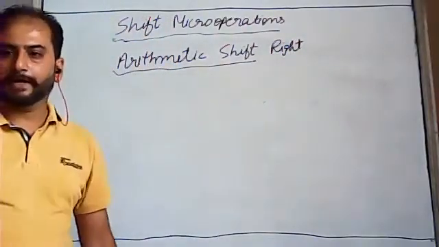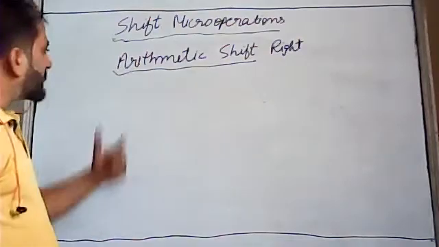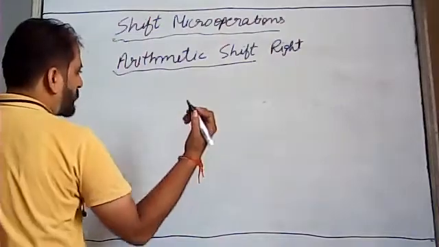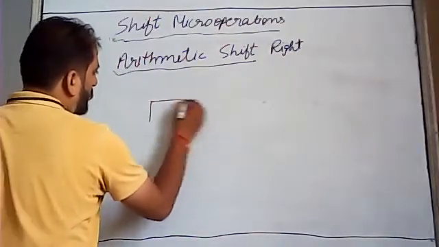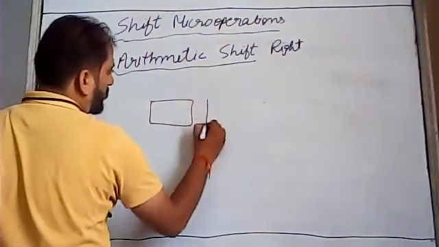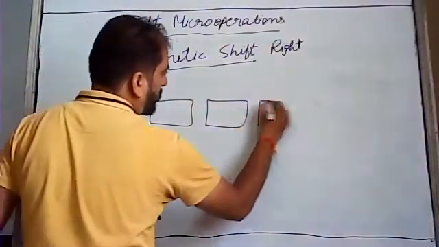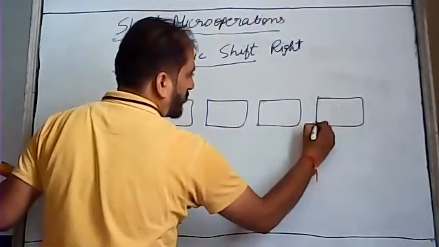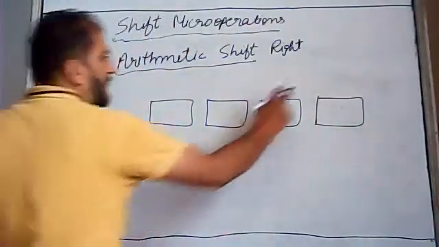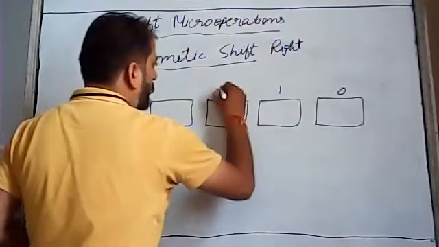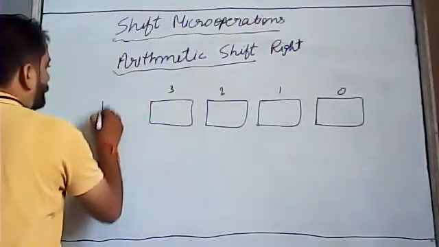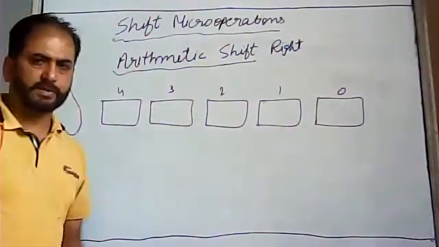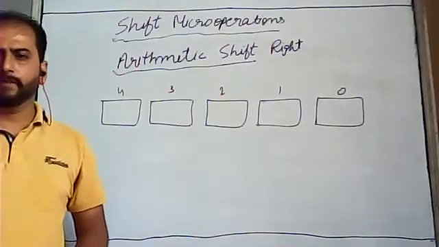Again, let us consider an example. Suppose we have a register, and these are the bit positions 0, 1, 2, 3, and 4. Let us suppose we have 5 bits.